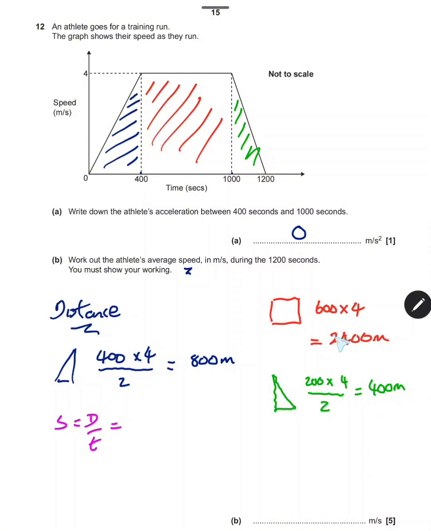Total distance, 800 add 2,400 is 3,200. Add this on, you get 3,600 meters, and we're dividing it by time, which is 1,200 seconds. We can quickly say 1, 2, 3, 4, they're gone, just dividing top and bottom by 100, and you get 36 divided by 12, which is 3 meters per second.